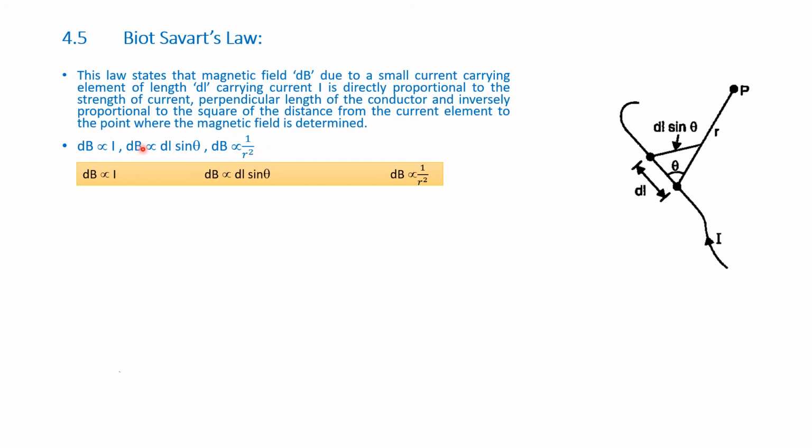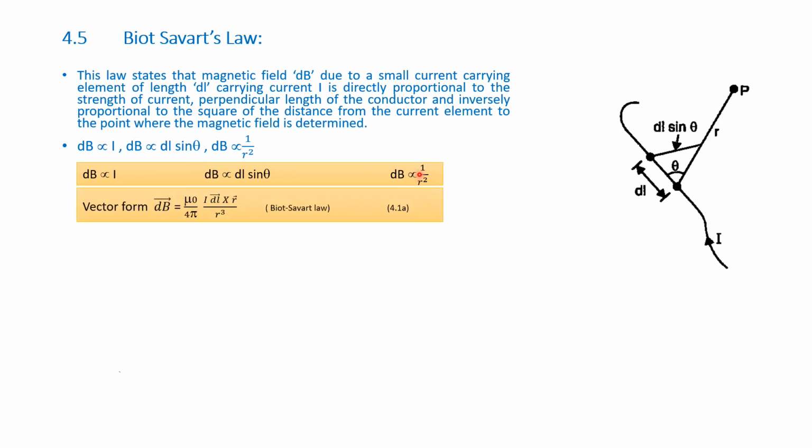This is again repeated with highlight. dB is proportional to I, dB is proportional to dl sin theta, that is, it is also proportional to the angle between the current element and the distance element. So dB is also proportional to 1 over r square.